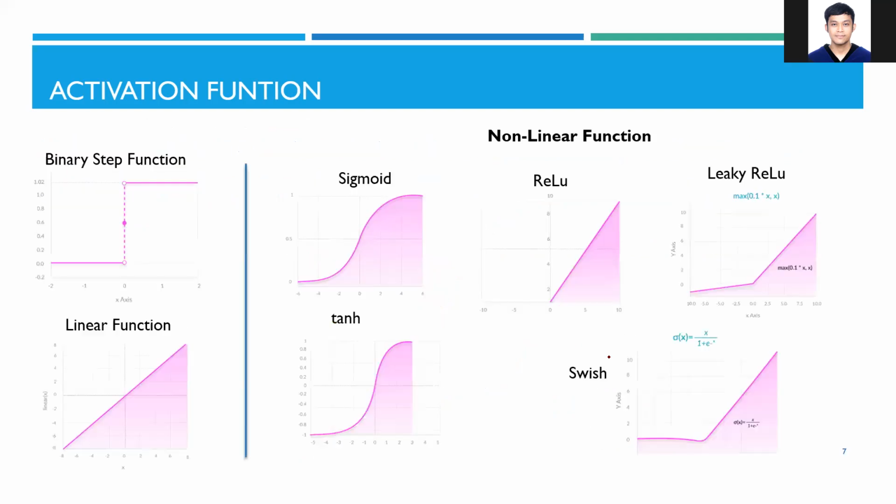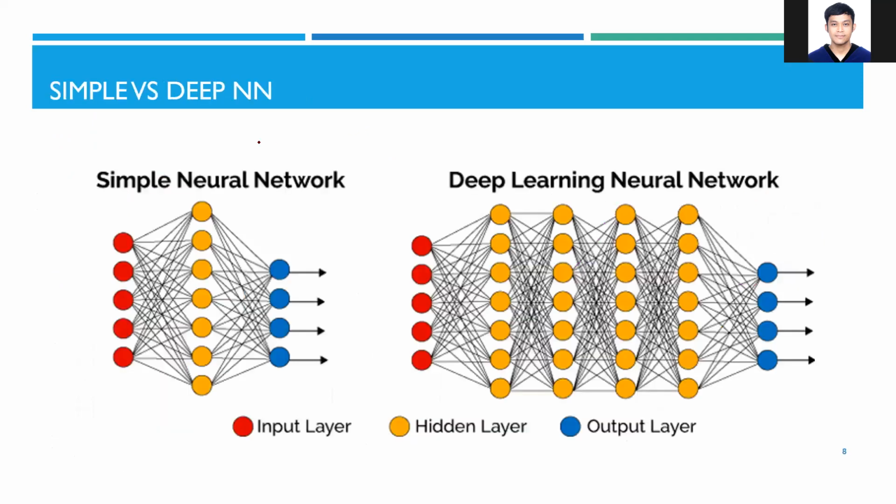Okay, this is an example of the activation function. For linear problems, we can use, for example, binary step. This is the step function and then the linear function. This is a picture of each activation function that we can use. Okay, a simple neural network, basically, we can define it as having only one input, one hidden layer, and one output.